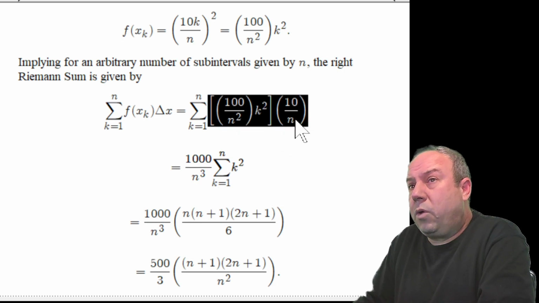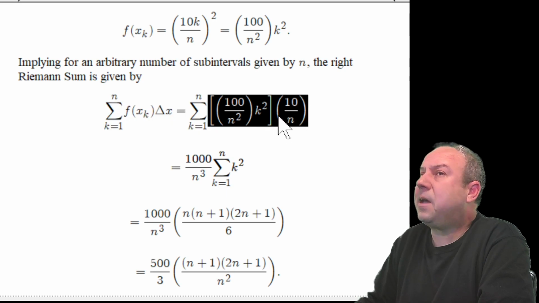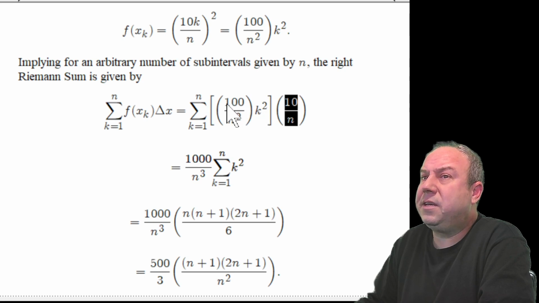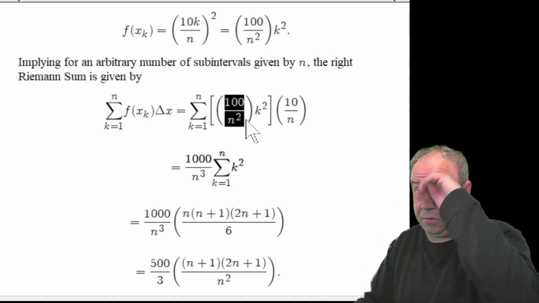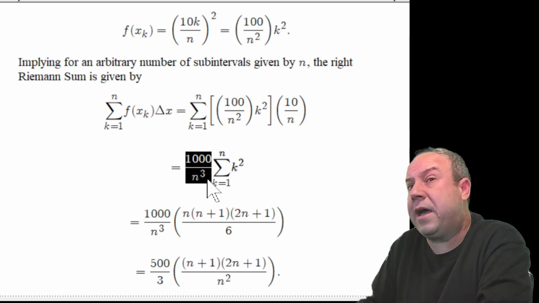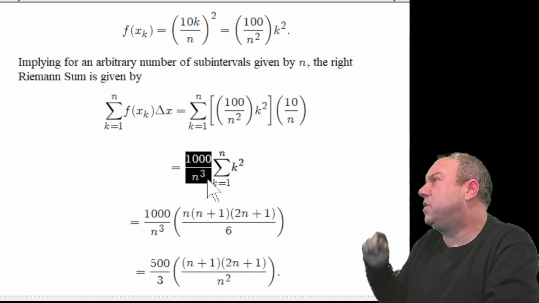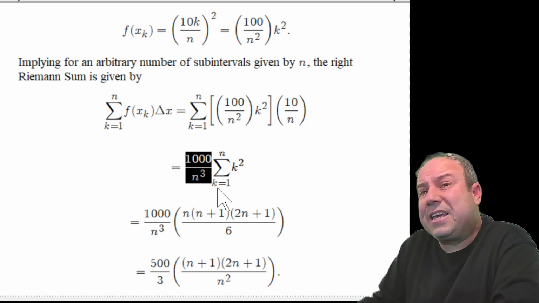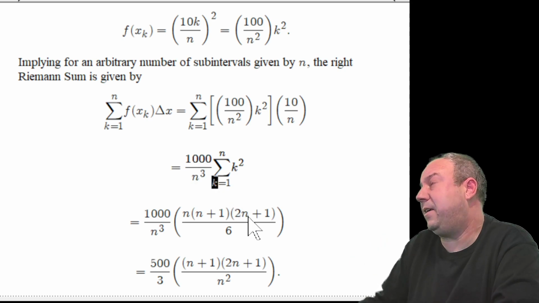When we think about simplifying the argument of this summation, the 10 over n times the 100 over n squared actually simplifies into the statement 1000 over n cubed, which is a constant multiple in the context of our index k.